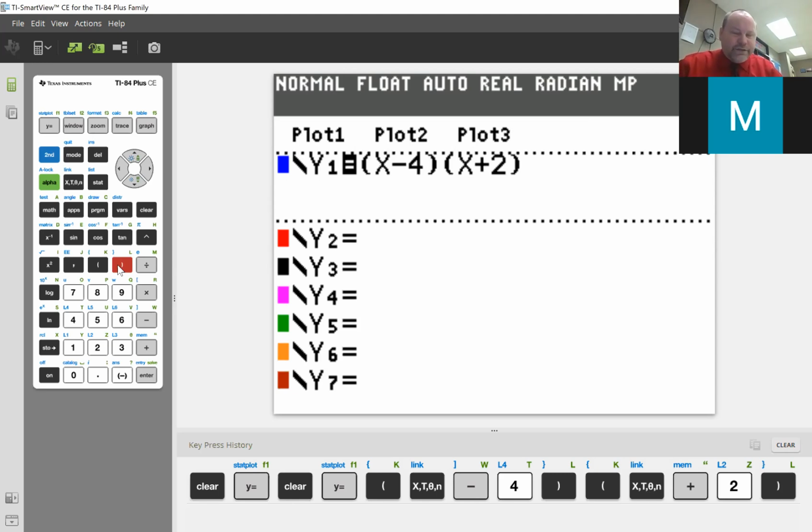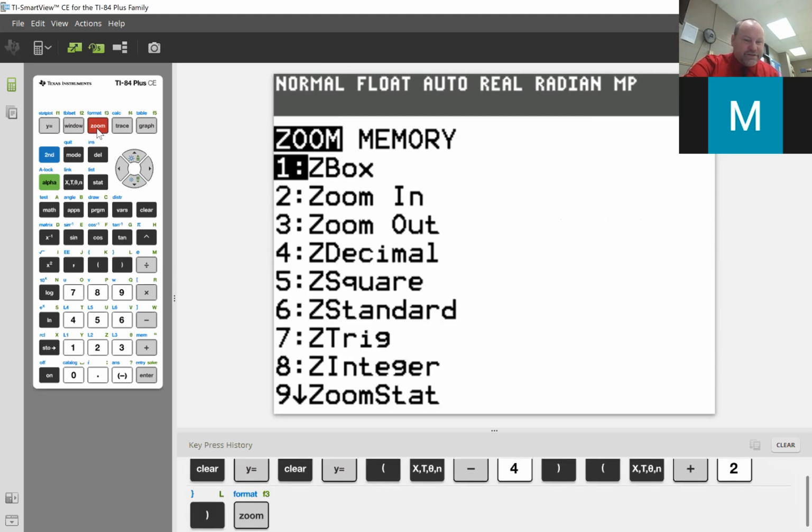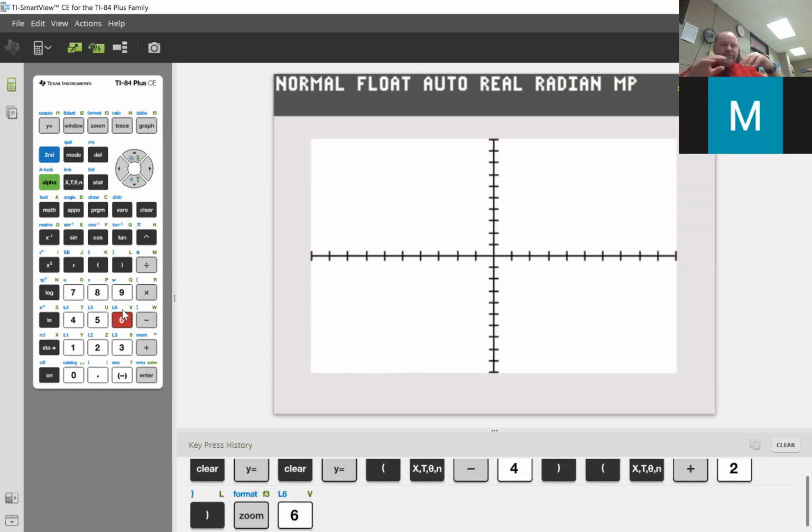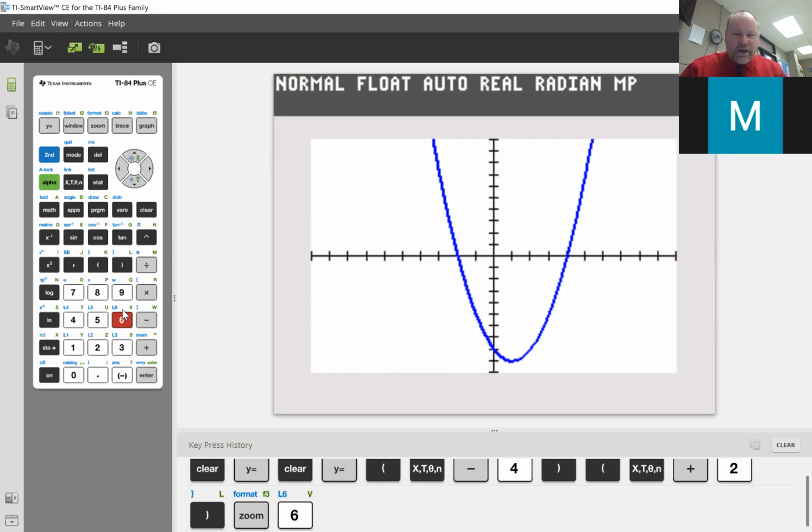And what I really want is, let me take that back, I want my graph to be in the standard window on my graphing calculator. So to do that, if you go to Zoom and option 6, it goes from -10 to +10 in both the x and y direction.